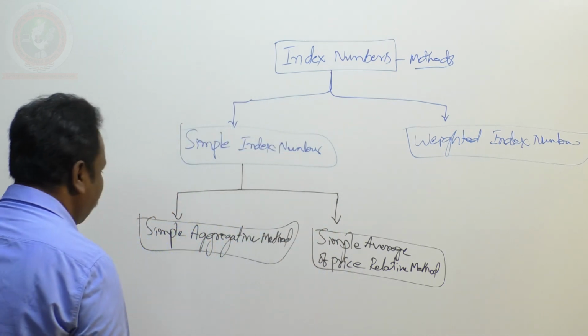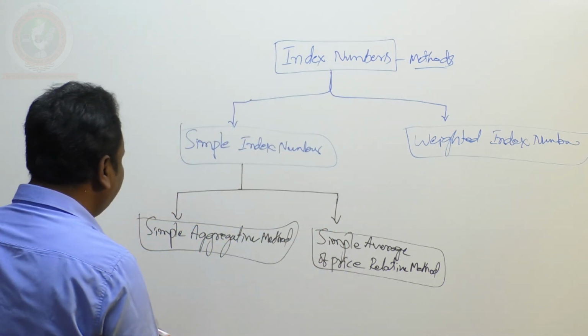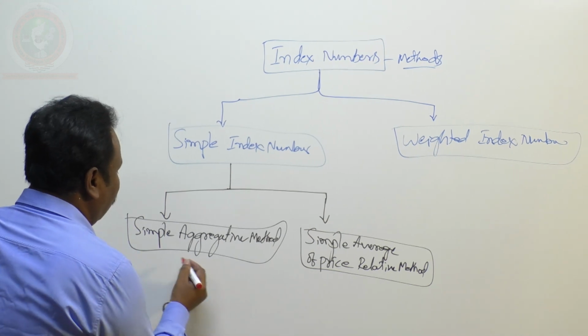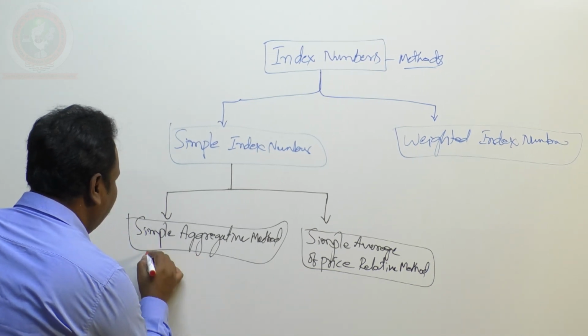Under this simple aggregative method, only one type of method can be identified.